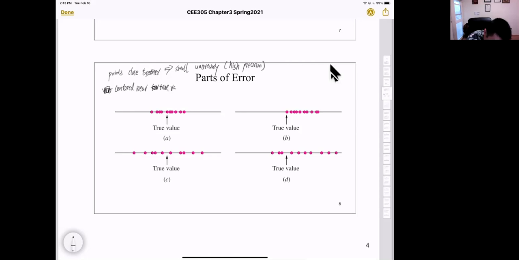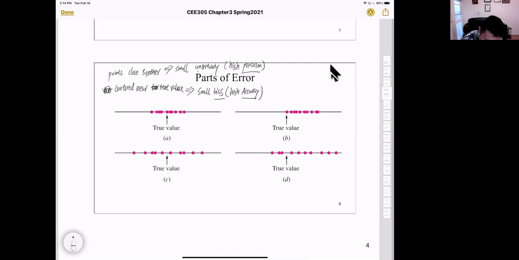So we call that the bias is small, a small bias. We can also call that high accuracy.